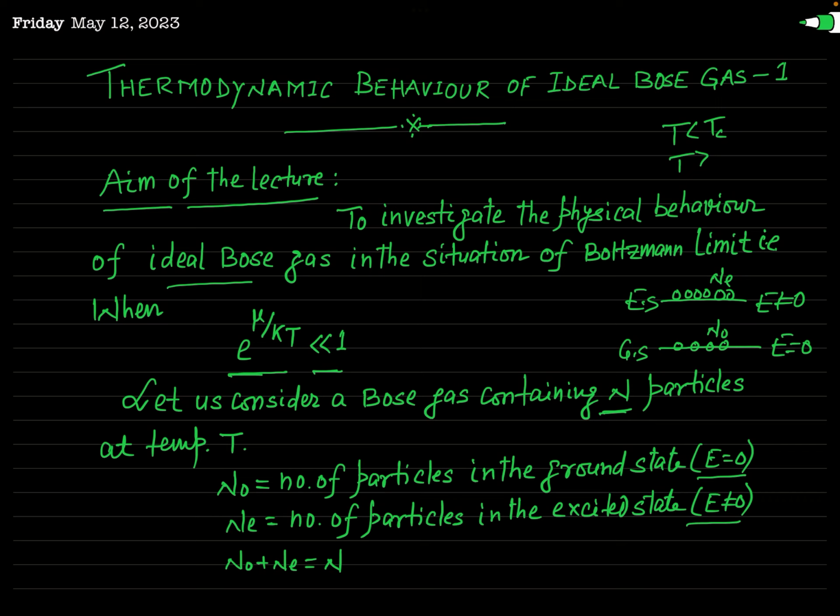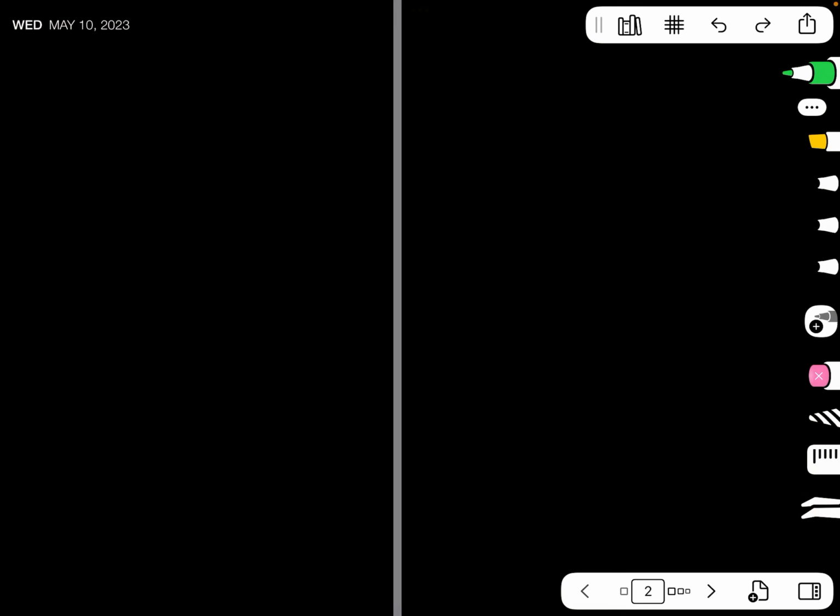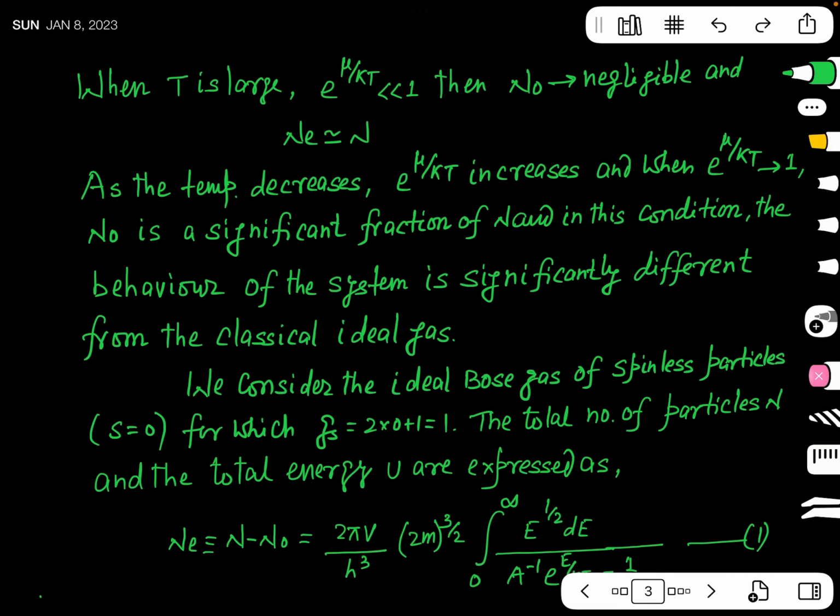As the total number of particles is N, you can easily say that N0 plus Ne is equal to N. That is why you can also say that the number of particles Ne is simply equal to N minus N0. Now, before this lecture, we have discussed so many results for this bosonic system.